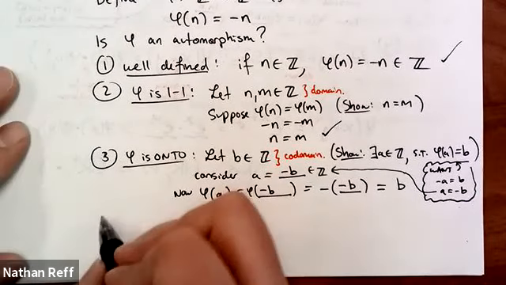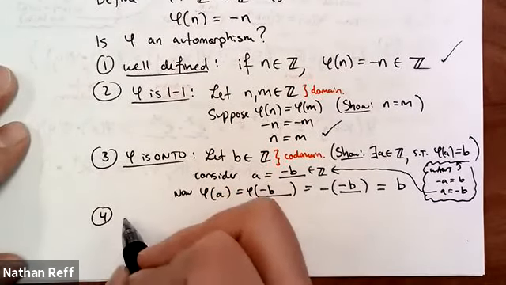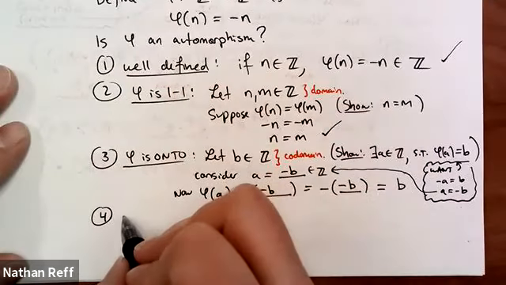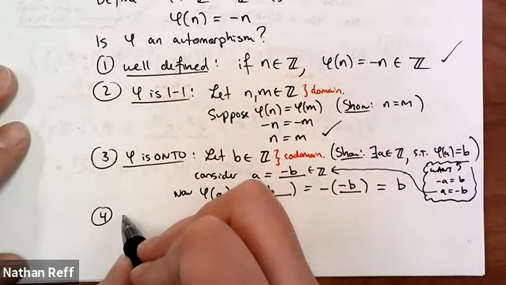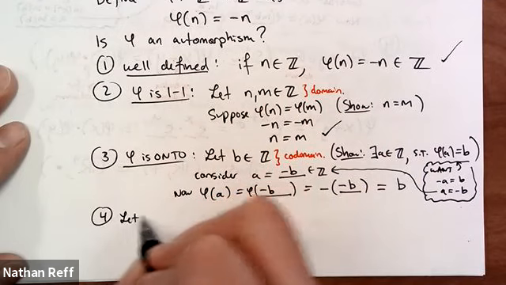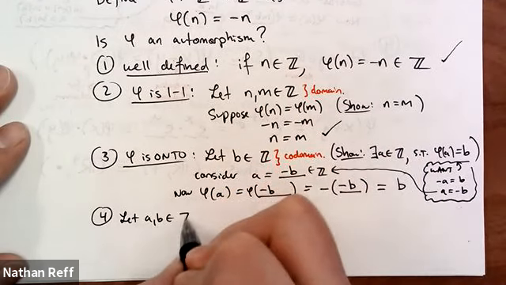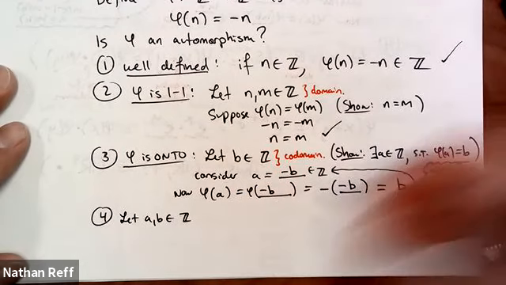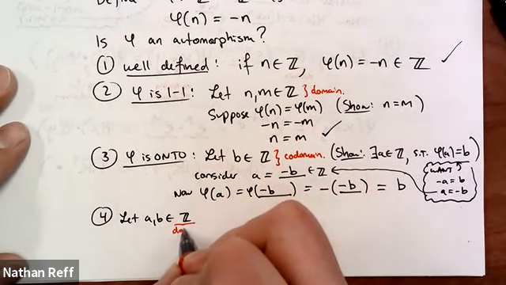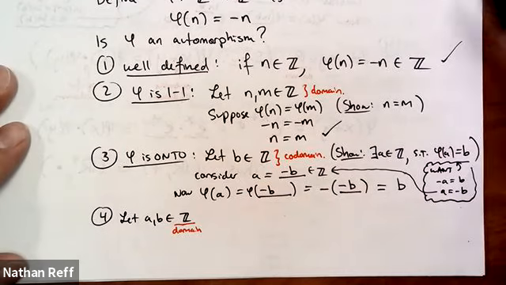All right, last step. Phi is operation preserving. So now let A and B be in the domain. All right, so now this is domain. And what do you want to show?